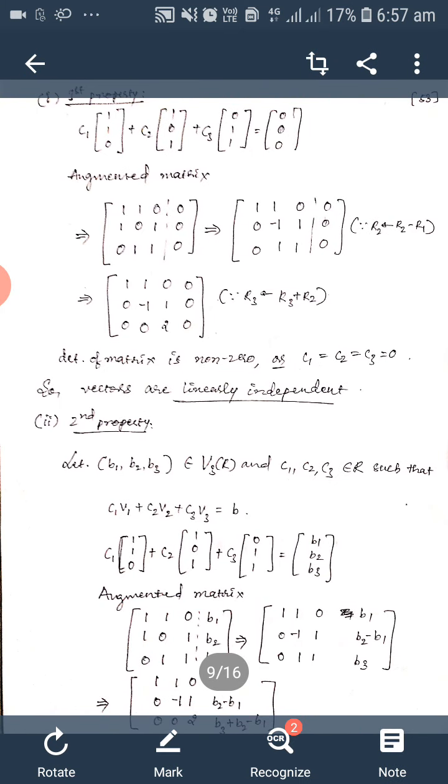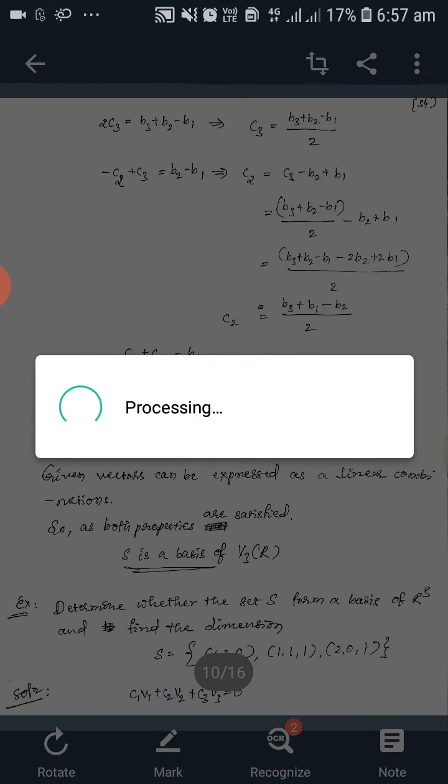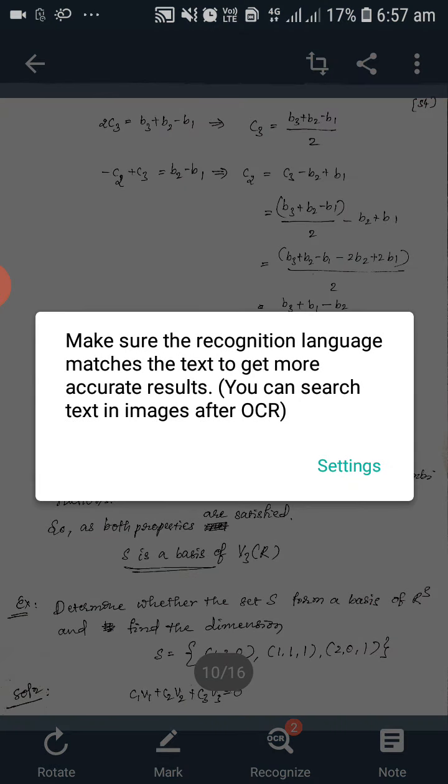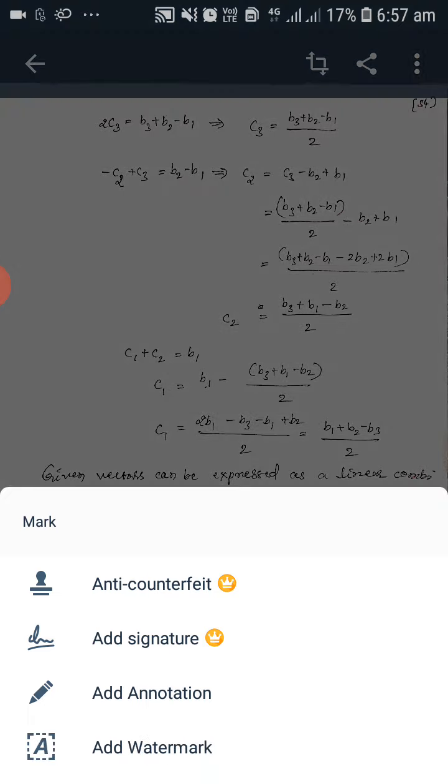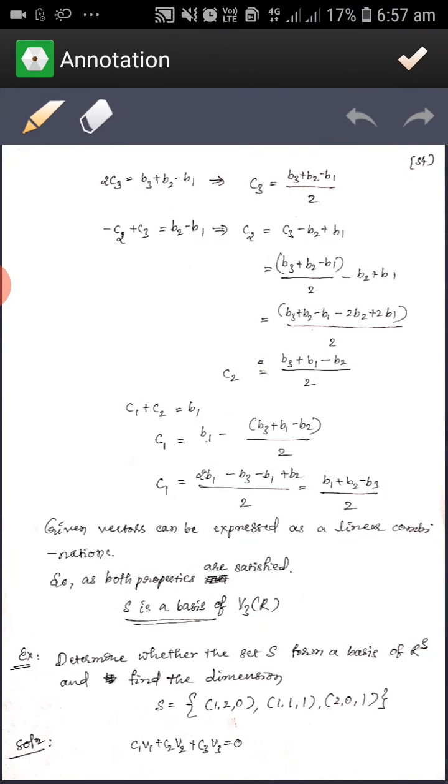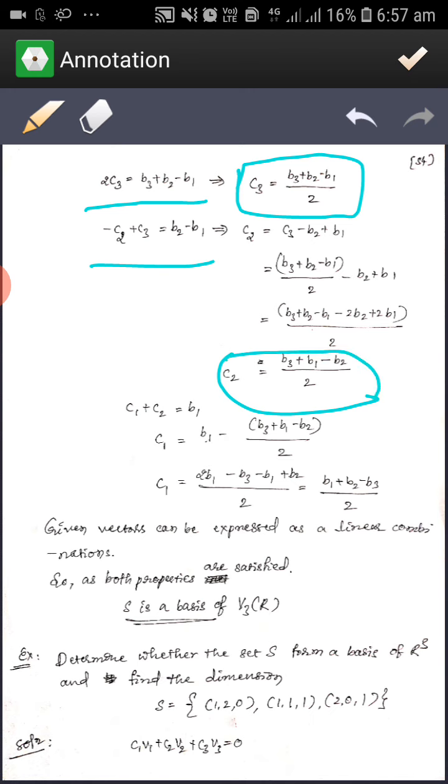Then we equate: 2c3 is equal to b3 plus b2 minus b1. This is the c3 value. Then minus c2 plus c3 is equal to b2 minus b1, which leads to c2 being equal to this.